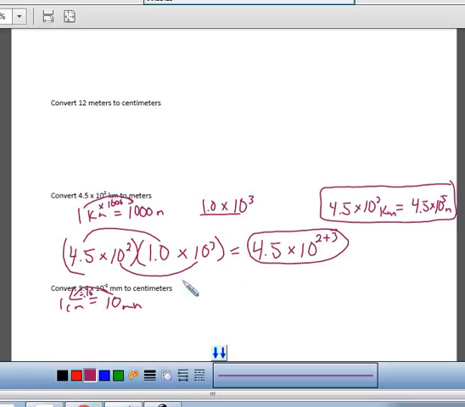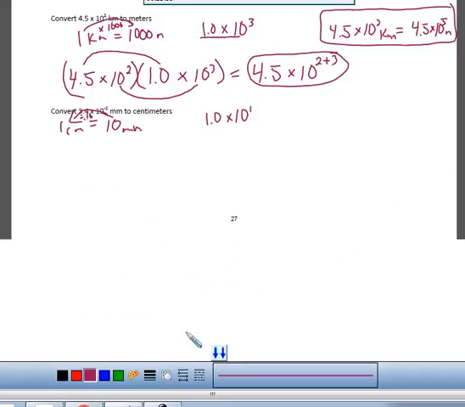Okay, well, 10 is like 1.0 times 10 to the 1st power, turning it into scientific notation, right? So I've got my millimeters. It's 3.4 times 10 to the negative 2 power over, I'm going to divide by 1.0 times 10 to the 1st power.